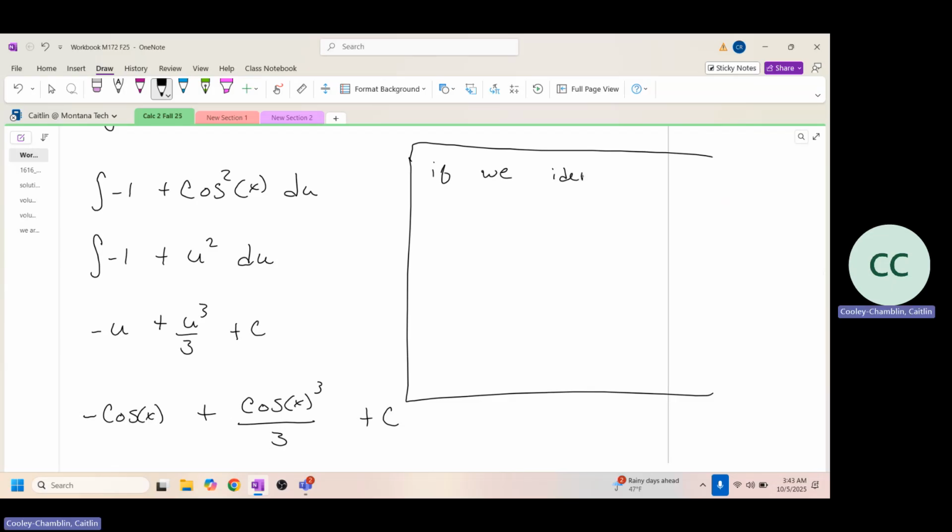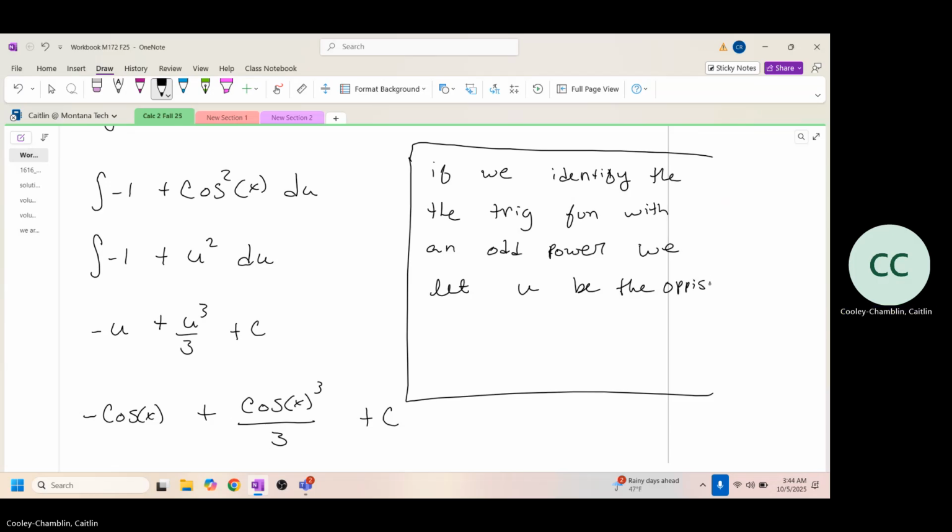If we identify the trig function with an odd power, so in this case it was sine, we let u be the opposite trig function.